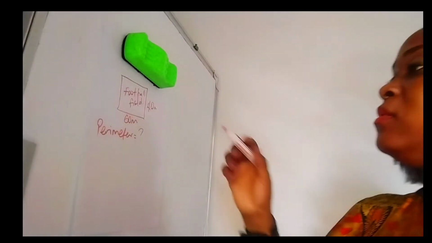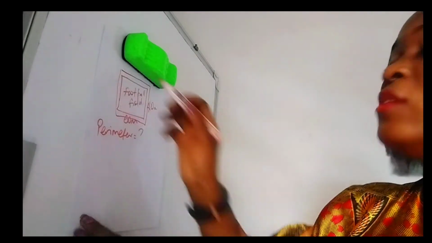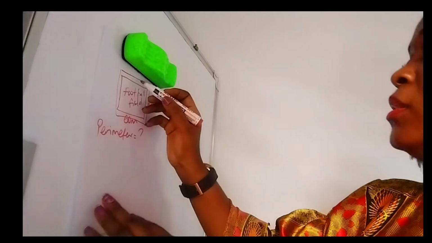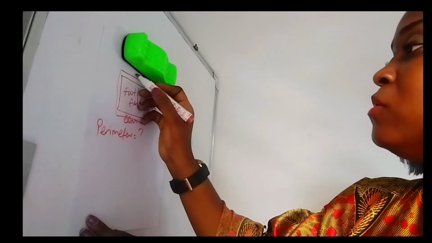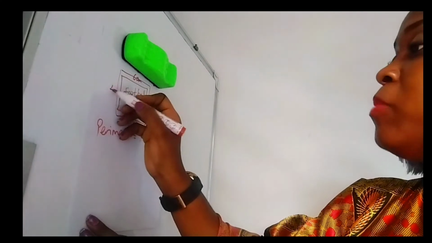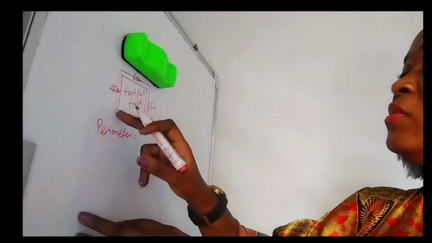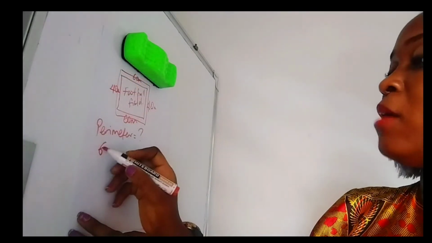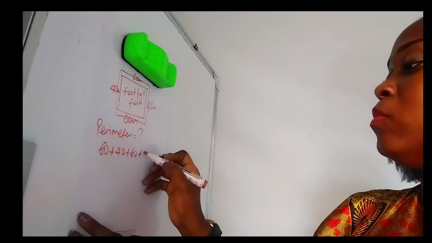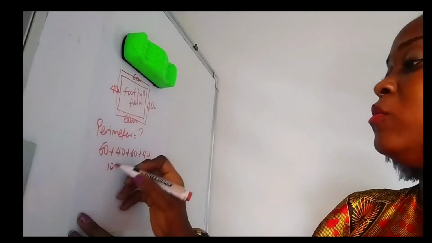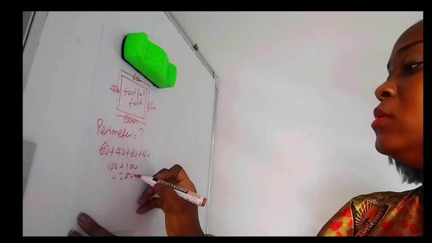Okay. That means the total distance around this square. So we know that, sorry, it's a rectangle, right? So we know that this part of the rectangle is 60 meters. This other part is 40 meters. So add this length plus this length plus this length plus this length. So we have 60 plus 40 plus 60 plus 40. So I'm saying 100 plus 100 equal to 200 meters.